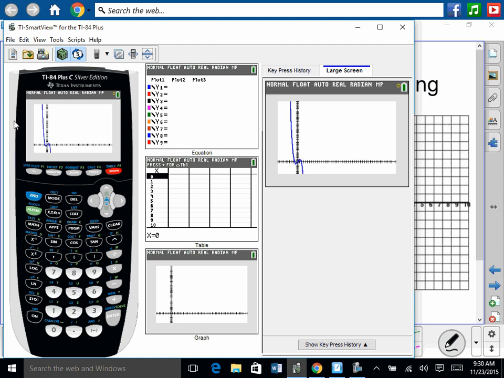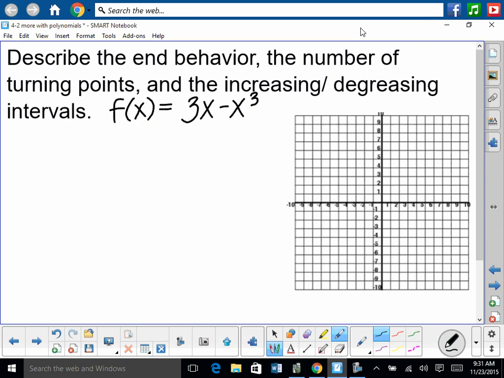So my end behavior from left to right is up and down. So that was pretty easy, that part. So we're answering the first part, up and down. Is everybody okay with that? So it kind of looks like just a rough sketch like this, right, everybody? So it's up and down.